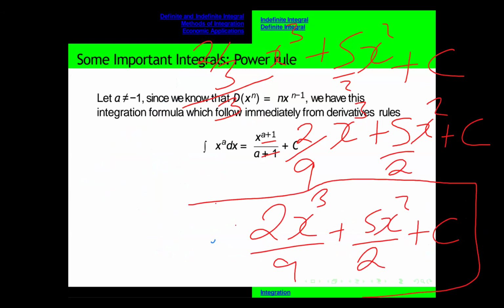And then you are good. Unless it's an even number, that's when you can divide. If it's an odd number, you can't divide, so just leave it like this, as a fraction.